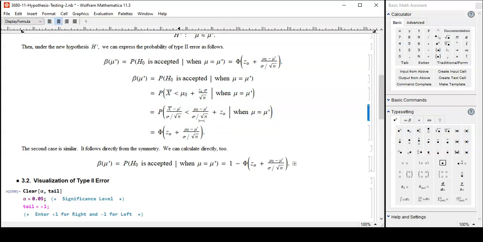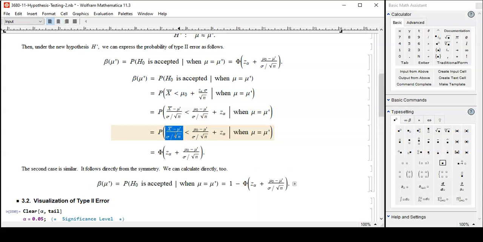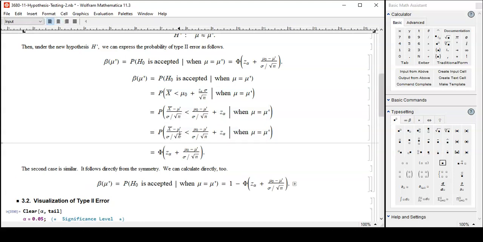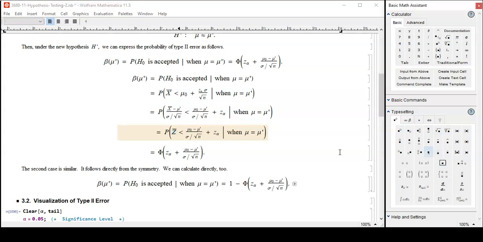So this whole thing is: z-score is less than this quantity, and now I don't need this plot anymore because I'm already using the normal. Probability that z-score is less than something, that is the normal CDF, the cumulative distribution function of the normal distribution. That's precisely what this is all about.